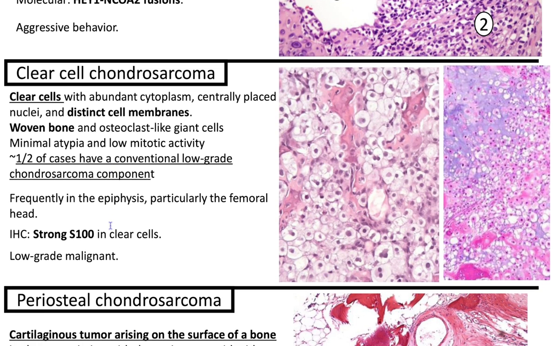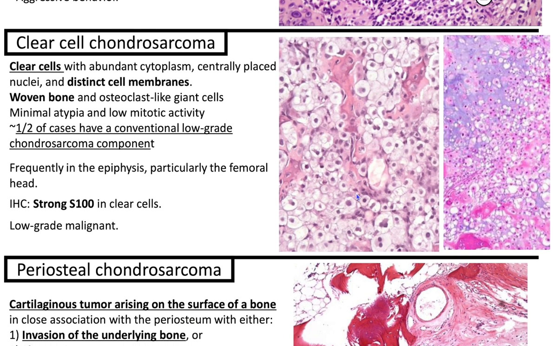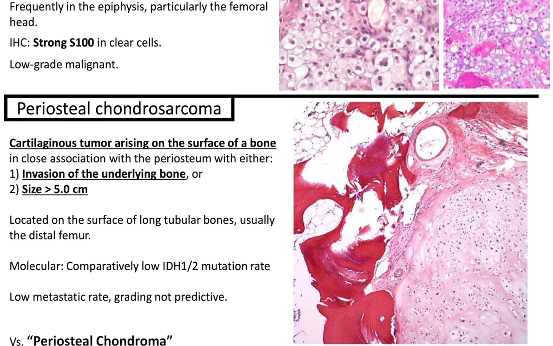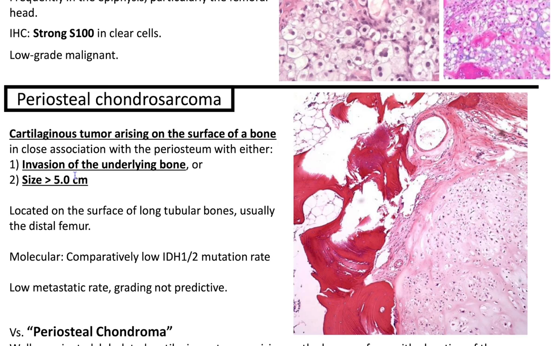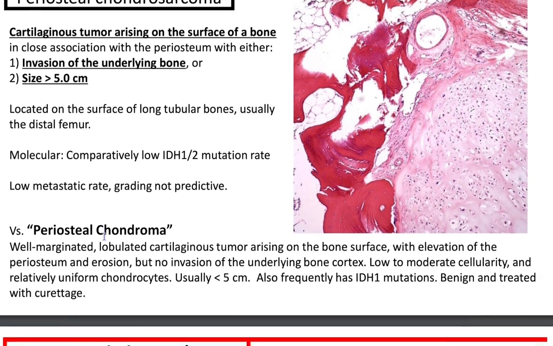Your clear cell chondrosarcoma, clear cells, distinct cell membranes, not that much cellular atypia, frequently in the epiphysis, particularly the femoral head. Periosteal chondrosarcoma, cartilaginous tumors on the surface of the bone. You should have invasion of the underlying bone, or it's got to be greater than 5 centimeters. Otherwise, you want to think about periosteal chondroma.